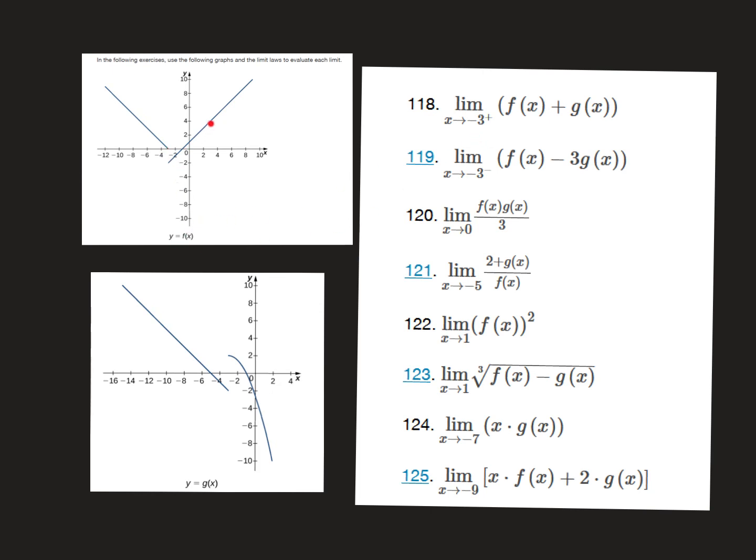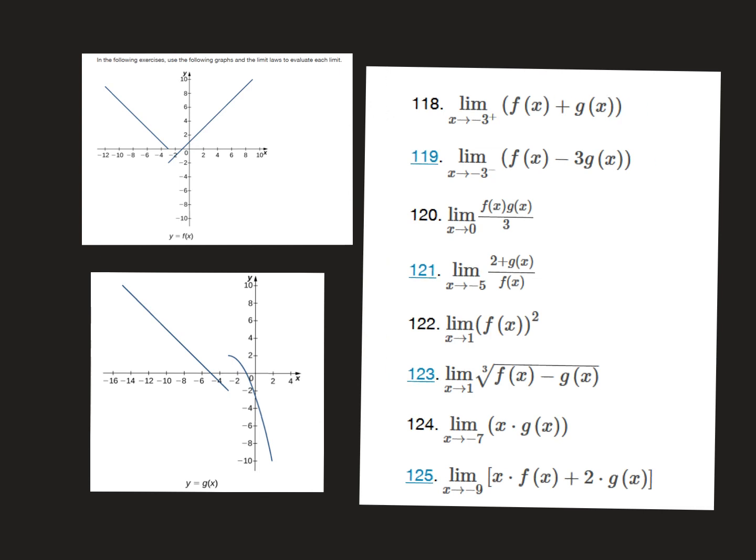As we approach negative 3 from the right, y is approaching negative 2. And the limit as x approaches negative 3 from the right for g of x, well, we see that it's going up to positive 2, and negative 2 plus 2 is 0.